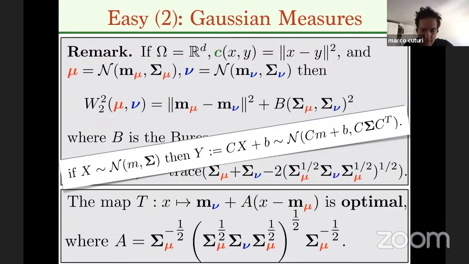So you can start playing with this. If you have CX plus B, so here I'm adding mu nu, and then this is centered. So this will have mean 0. So basically the mean of this Gaussian will be mu nu.